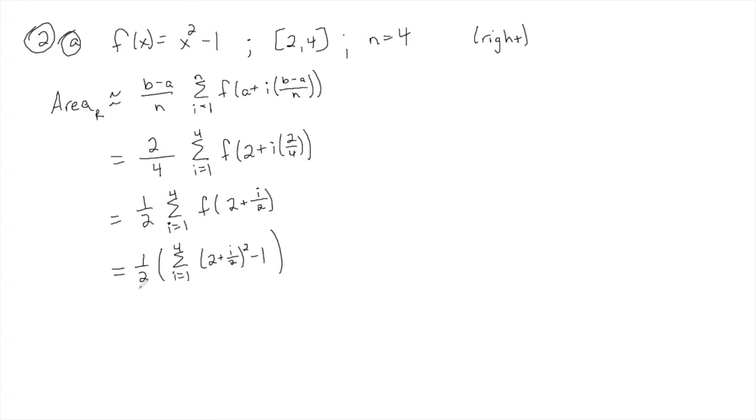And now we have to find what all of that is. So I have i equals 1 to 4. And let's multiply this out. I get 4 plus 2 times i over 2. So that just gives me an i. And then I get a plus i squared over 4.